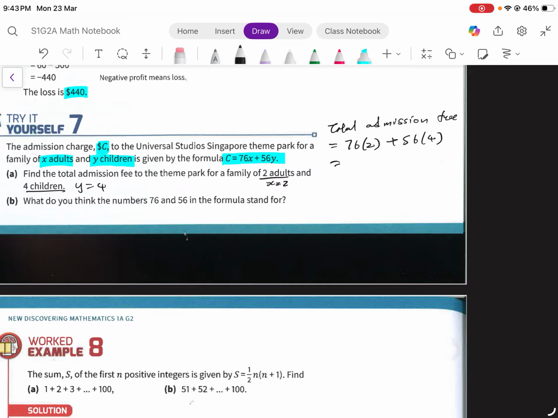So you use your calculator, and you will get 376. What do you think the numbers 76 and 56 are? So obviously if your adults is X, multiplied with 76, that means 76 is the adult fare. And since 56 is next to Y, which is the children, 56 is the child fare.